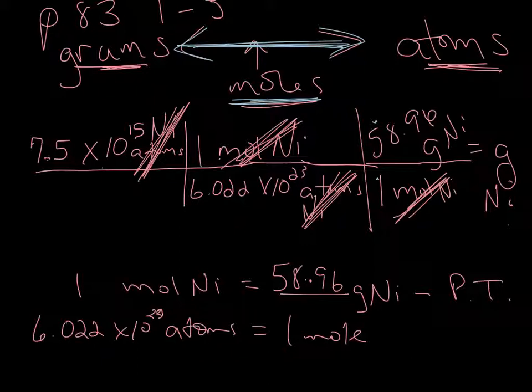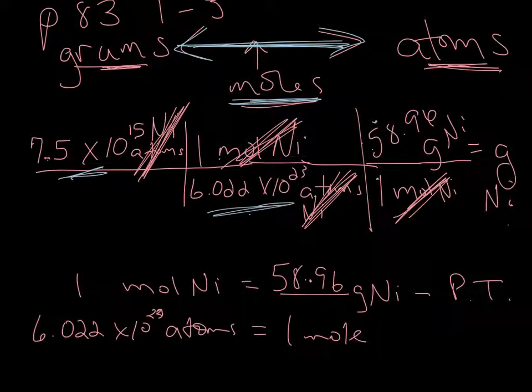So if you take 7.5 times 58.96 and then hit enter and then divide by 6.022 times 10 to the 23rd. Or because multiplication and division can be done in any order, I can take 7.5 here, divide by this, hit enter, and then multiply times that.